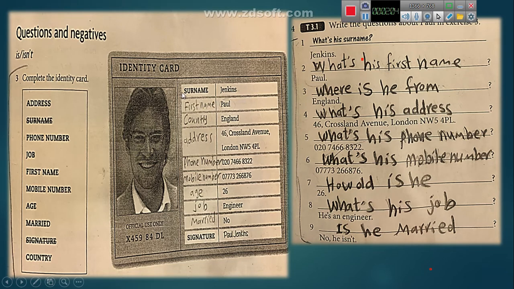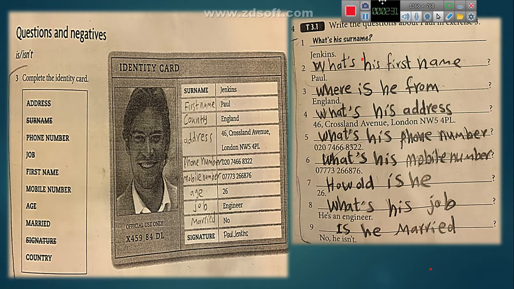For example, surname Jenkins, first name Paul, country, for example here England, address here Crossland, even London, phone number and mobile number, age, job, engineer, married, no, and signature.